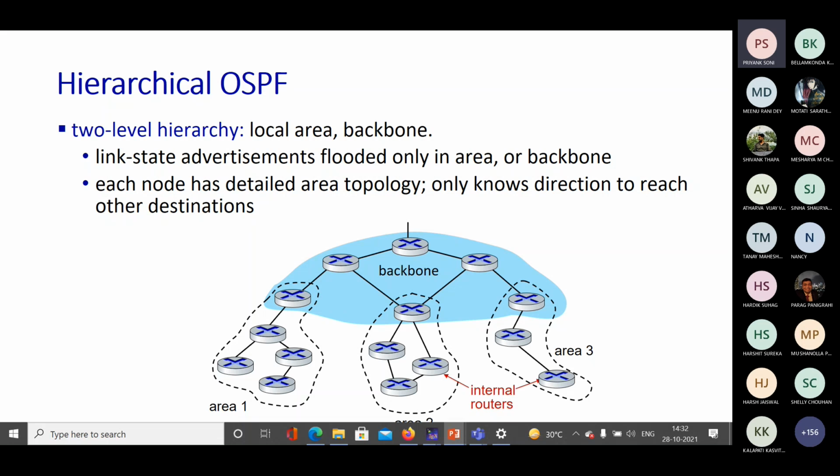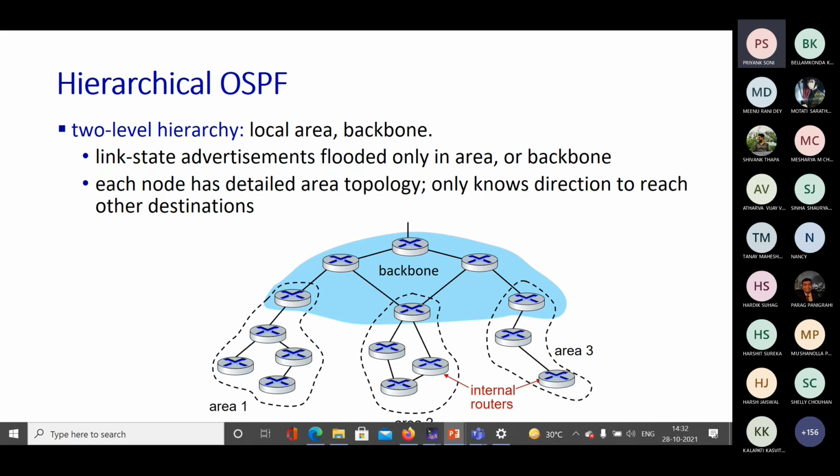Essentially, we are making a network of a set of routers within an area, right? So if any link advertisement is flooded within that area, they will know the structure of that given area, right? So the area topology is known for every node.